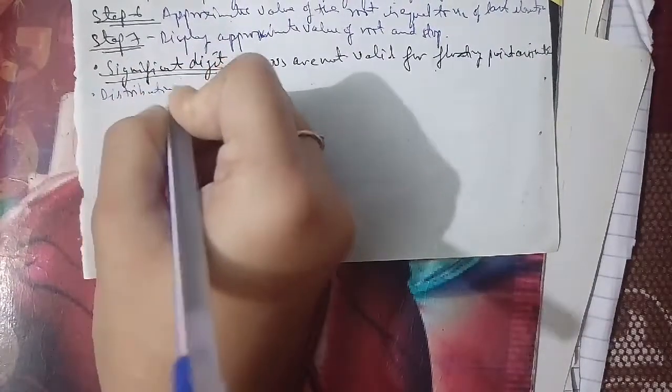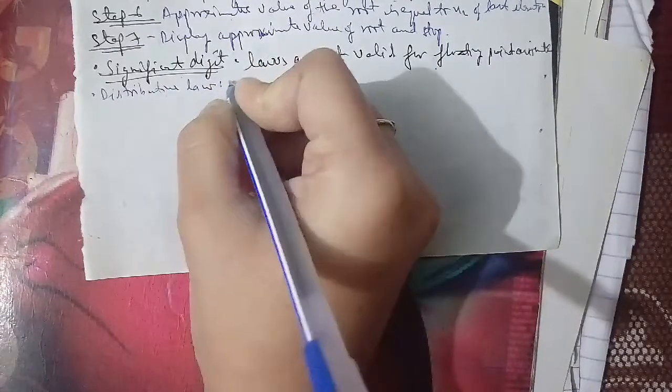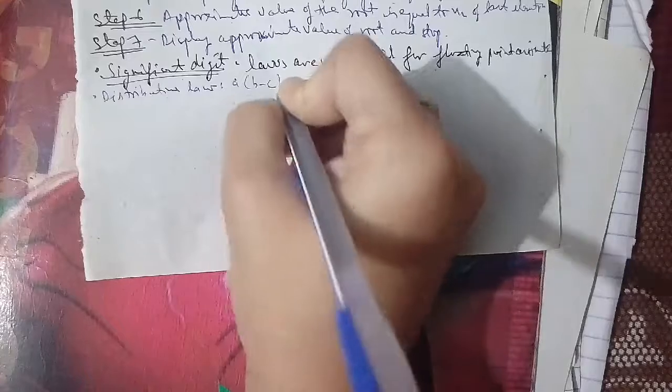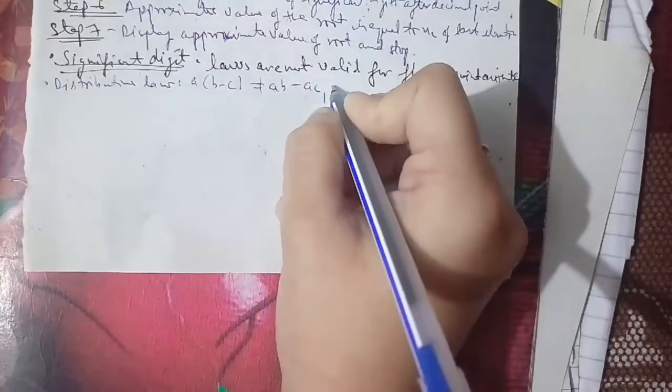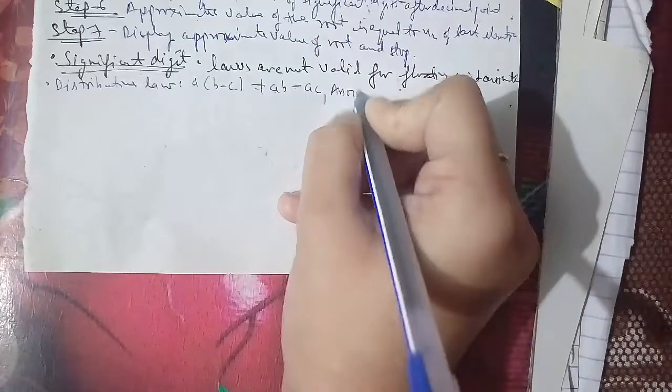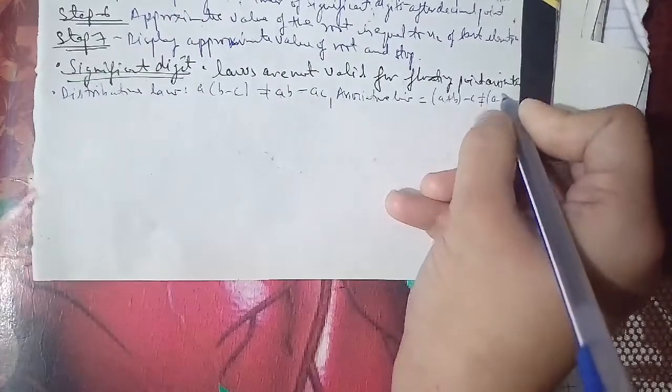The distributive law: a(b minus c) is not equal to ab minus ac. And the other law is the associative law: a plus (b minus c) does not equal (a minus c) plus b. The other question is, what is relative error?